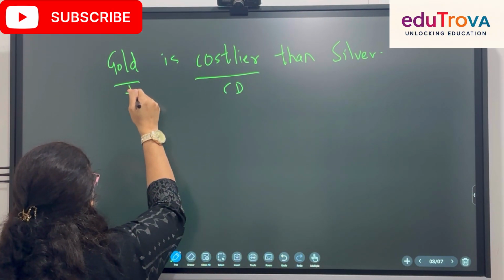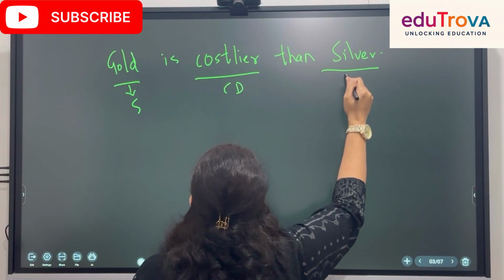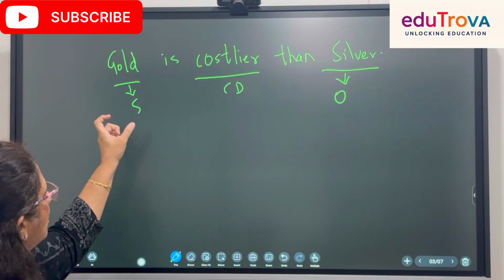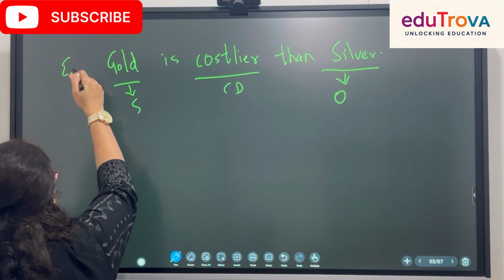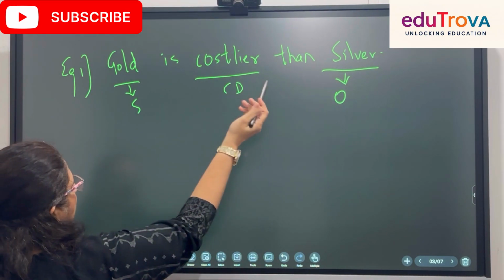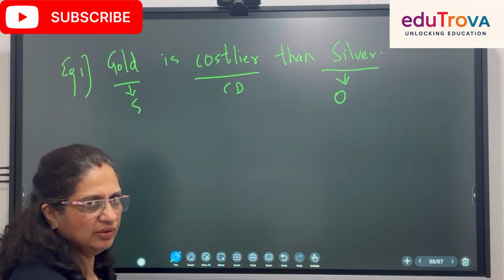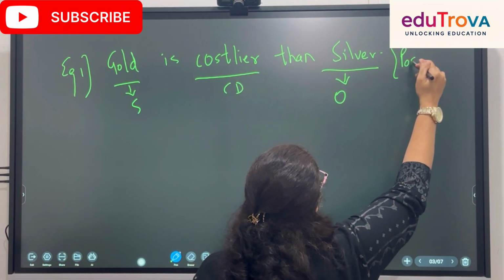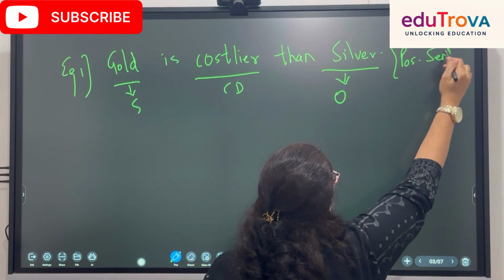Gold is my subject and silver is my object. So what am I going to do now? I'm going to change it to positive degree. So this is my positive sentence.